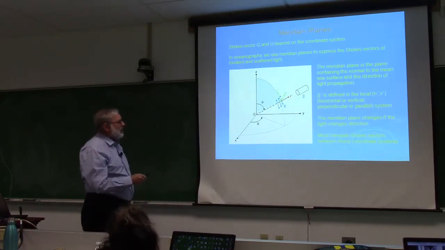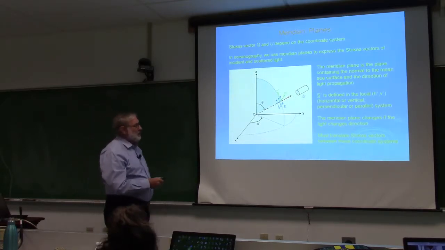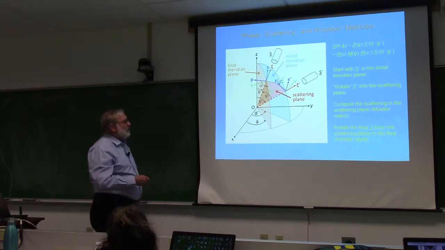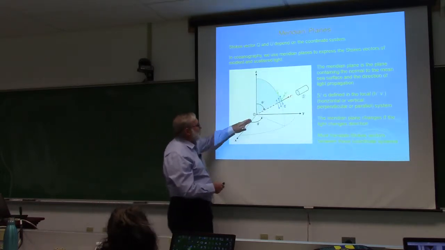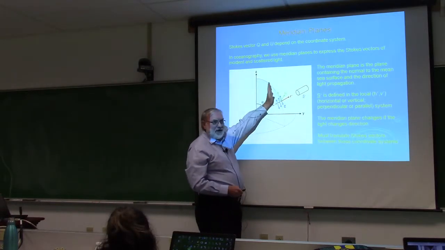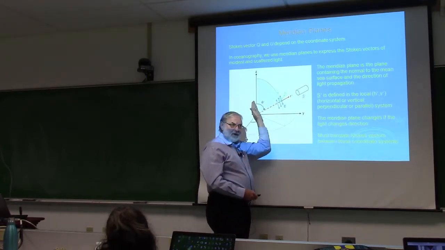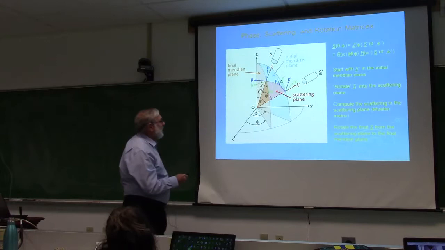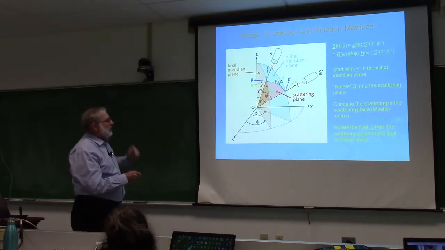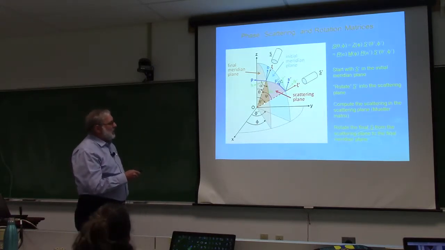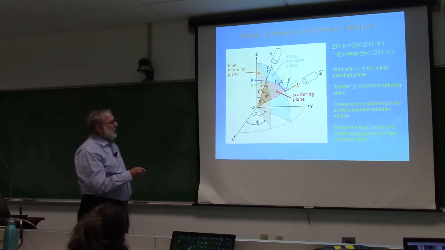And so you then have to pick this coordinate system. Your Stokes vector is then defined in that coordinate system. Now the problem is if this light comes along and it scatters into another direction, then that's a different meridian plane. So here's just a horrible drawing, but we start out with light going in the direction of the red C prime vector.